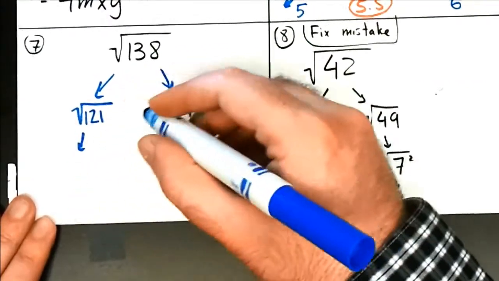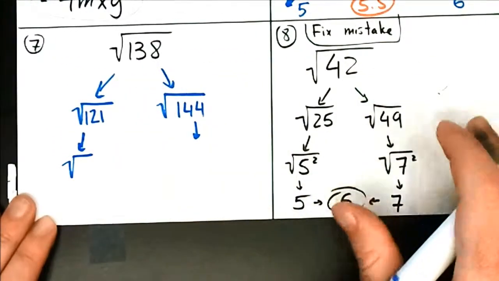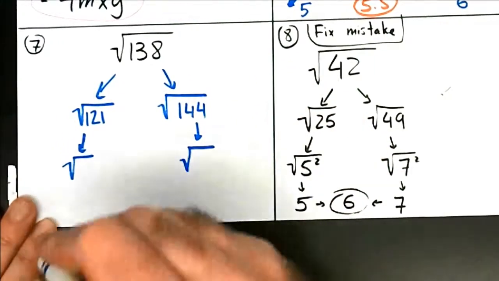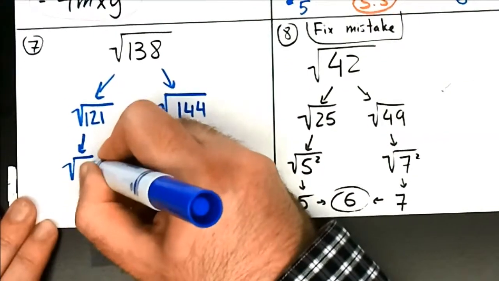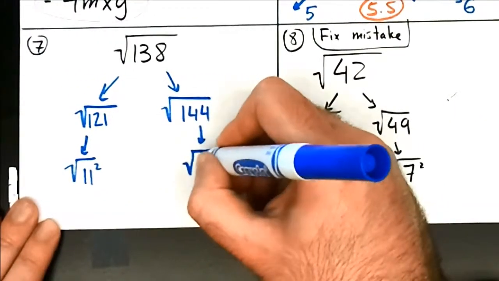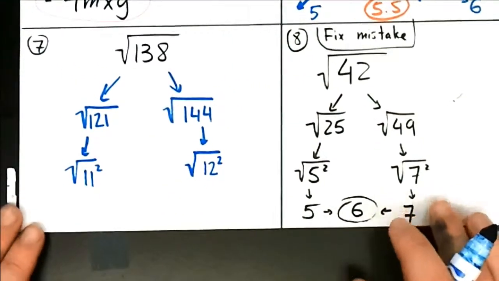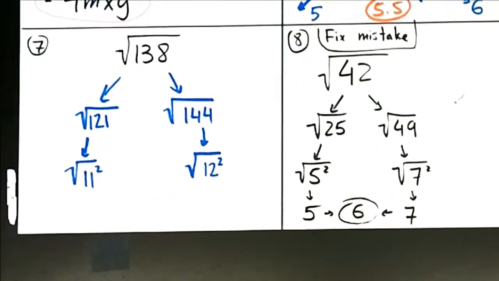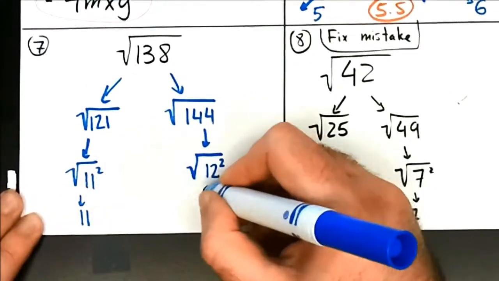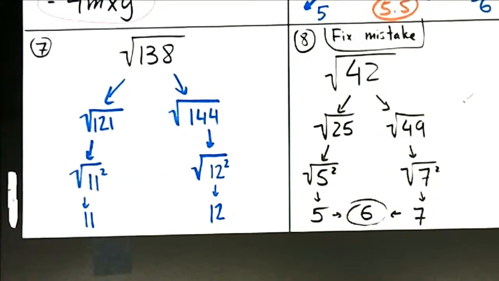What is the exponential form of the two? For 121, that's 11 squared, or 11 to the second power. For 144, that is 12 squared, or 12 to the second power. And what are the answers to these two? 11 and 12, because the radical and the power cancel out, leaving us with just the base.